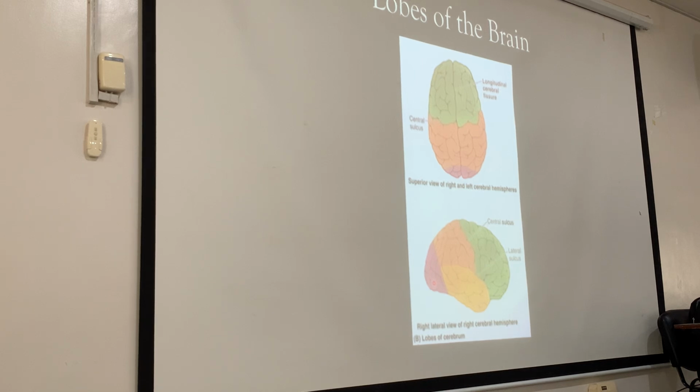The occipital lobe is in violet in this illustration. Then we have another lobe here in yellow underneath the temporal bone called the temporal lobe. It is separated from the parietal lobe by a lateral sulcus, also called the Sylvian fissure. So it separates the parietal and the temporal lobes.